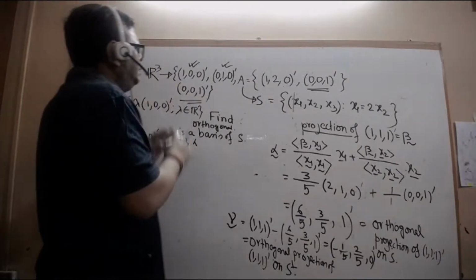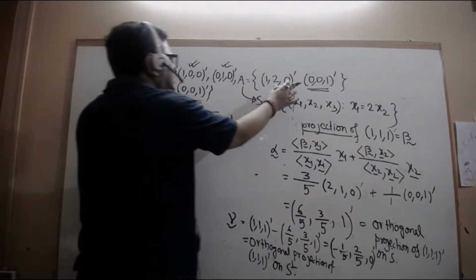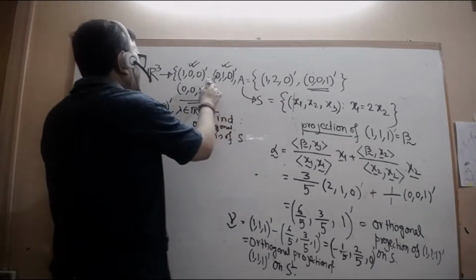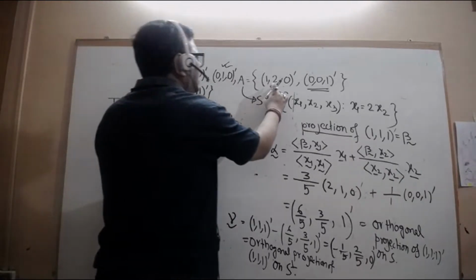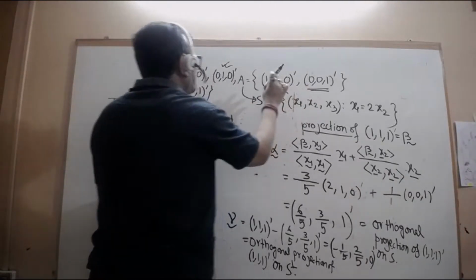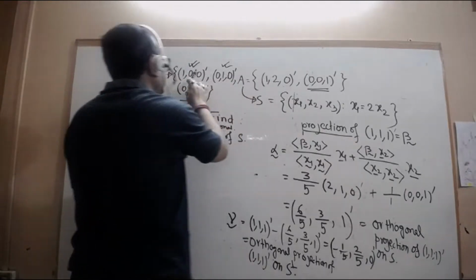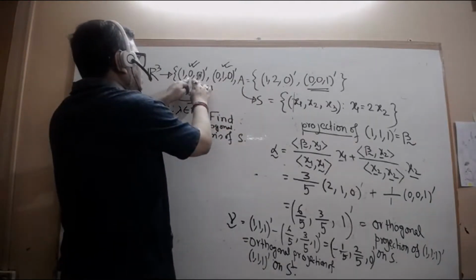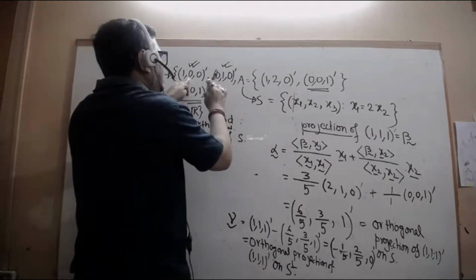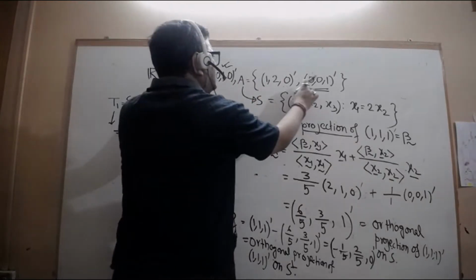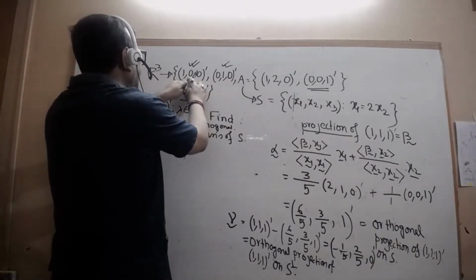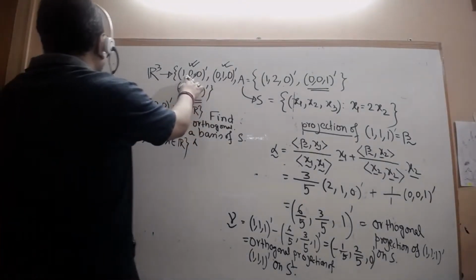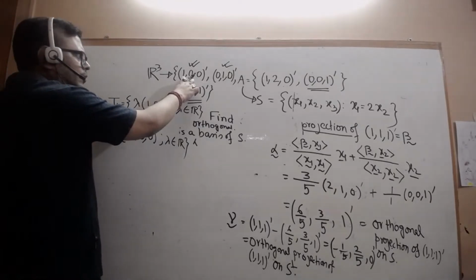Here these things are simple. If these things are not simple, you need to check one by one whether this vector can be written as a linear combination of these two vectors or not. Suppose this vector 1 0 0 is written as a linear combination of these two, this means you cannot take 1 0 0 for constructing T1.